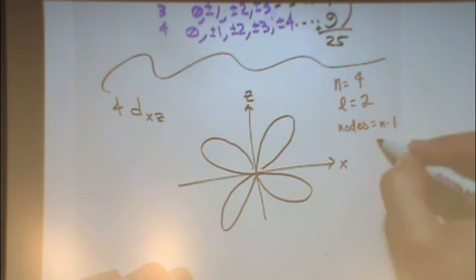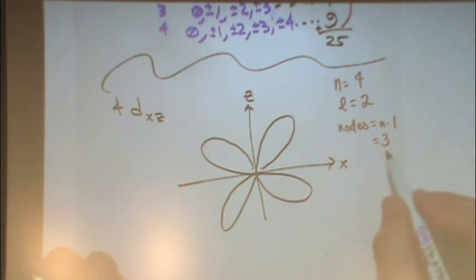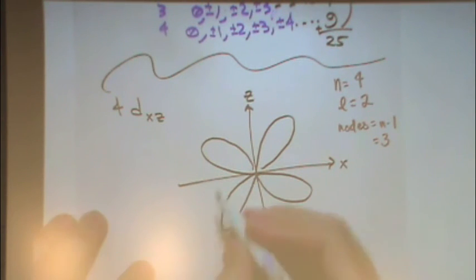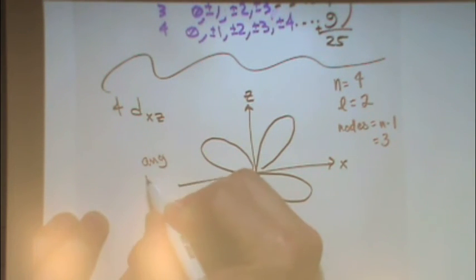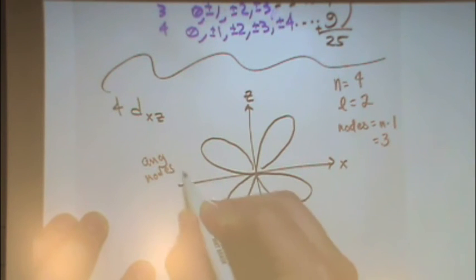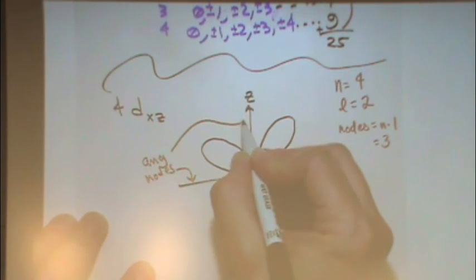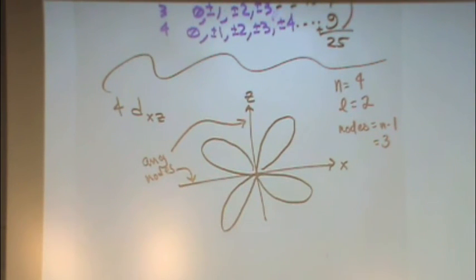That's n minus 1, or 3. 2 of them are called what? Yeah, angular nodes. And those are just basically cutting this in half. In this case, they're the axes. Those are angular nodes. Where's that last node? It's a circle, and it's called a radial node.